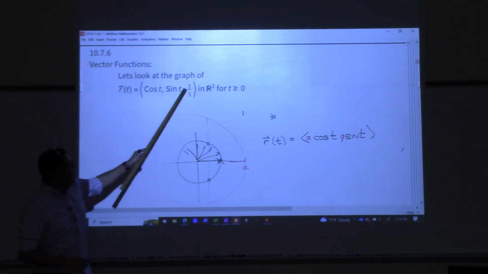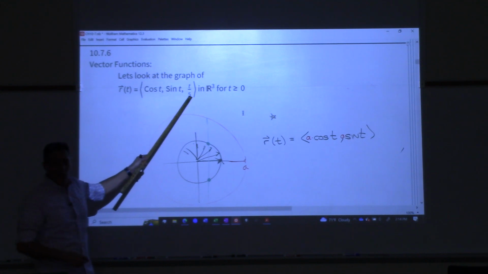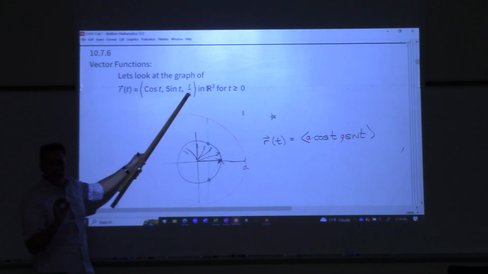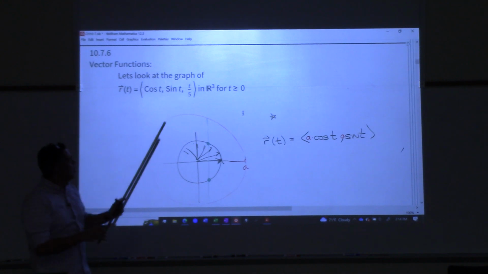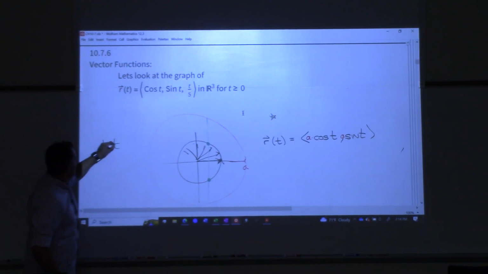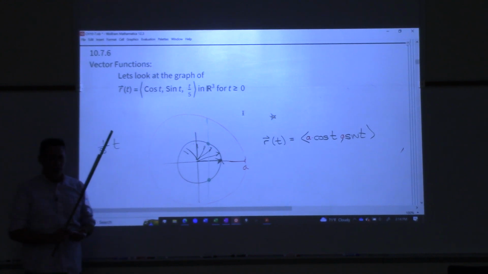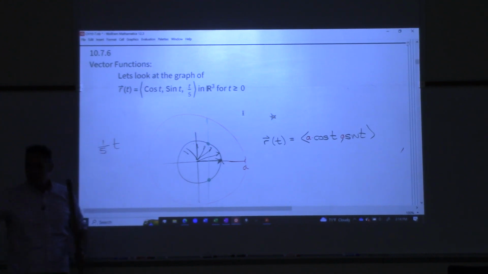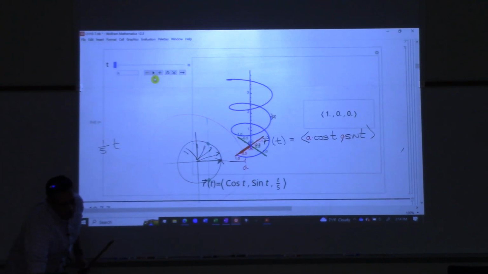But as time goes on, the z component of the vector is going to grow. t over 5 is the same as 1/5 t, and that's a linear function, right? So you're trying to draw circles, but at the same time, your z component is trying to go up linearly. So you get this thing that slowly spirals up.